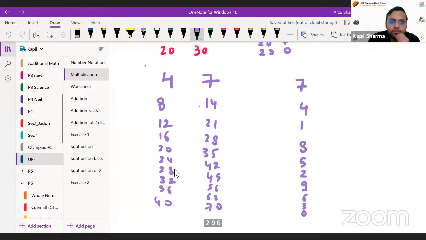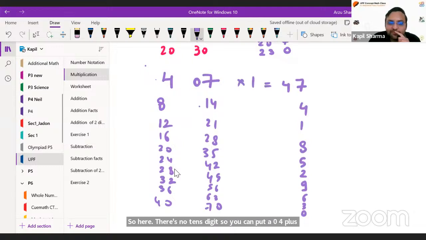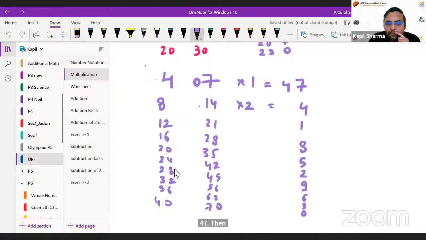Then we are going to add the tens digit of multiples of 7 with multiples of 4. So here there's no tens digit, so you can put a 0. 4 plus 0 is 4. So basically 47 times 1 is 47. Then here 8 plus 1 is 9.